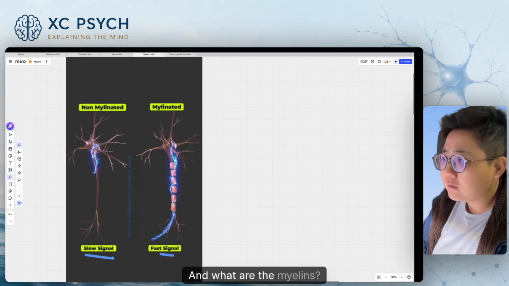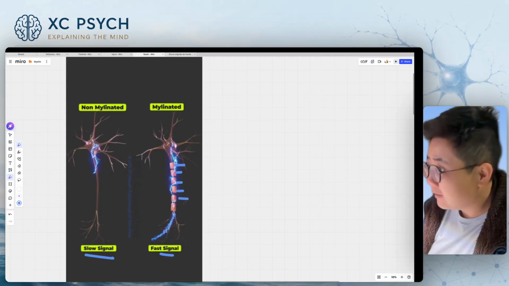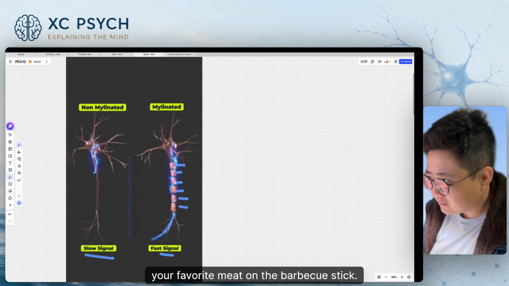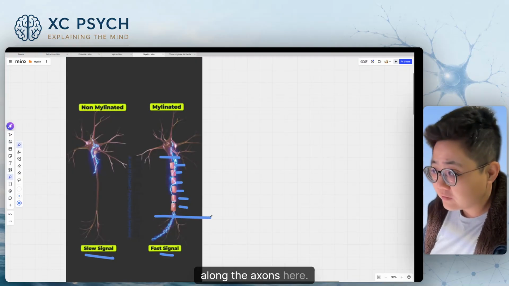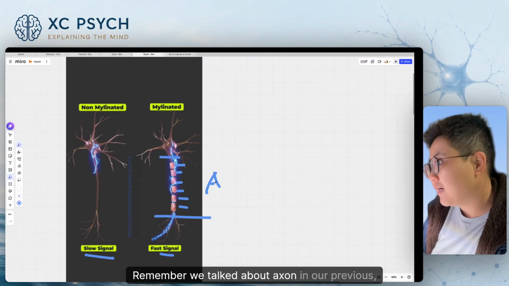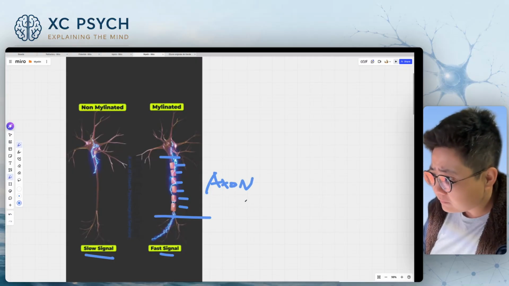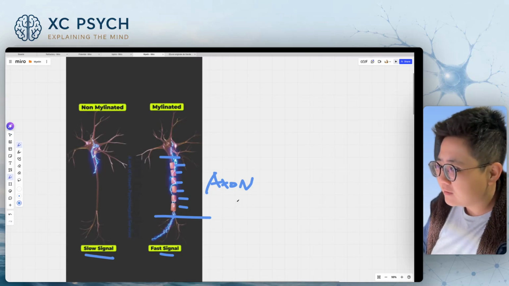And what are the myelins? Those pinkish chunks along the axons here. Remember, we talked about axon in our previous videos. So today we're gonna unpack what is myelin.